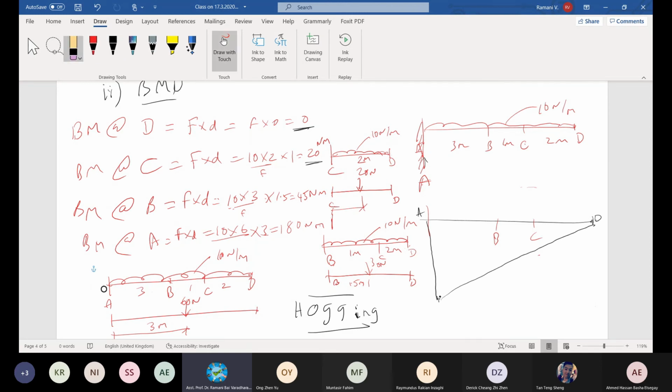Wait, I clear and draw again. It is like this, okay, 20, 45, and then 180, okay, 20, 45, 180, and then there is 180 cut 90, it will be 0 at this point, because of the reaction there.